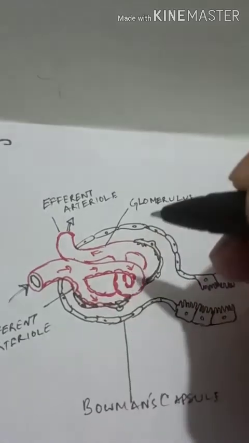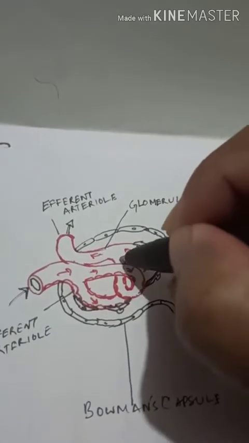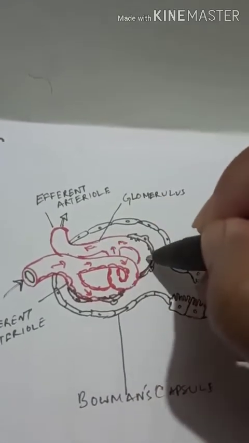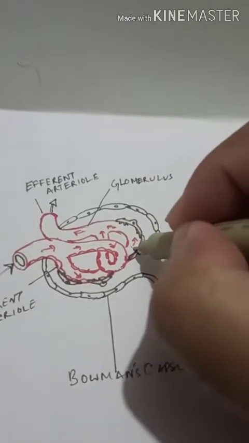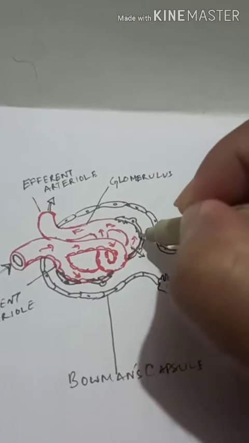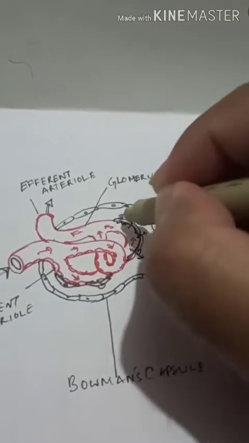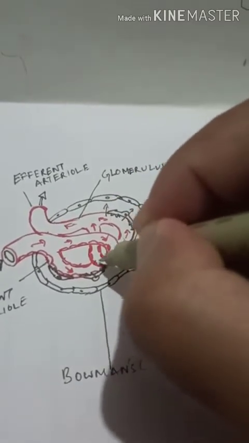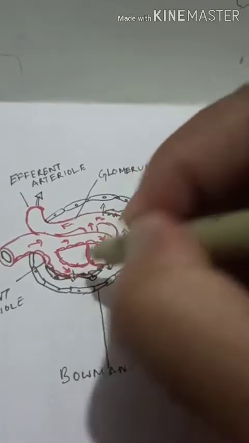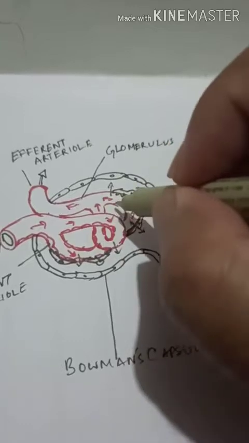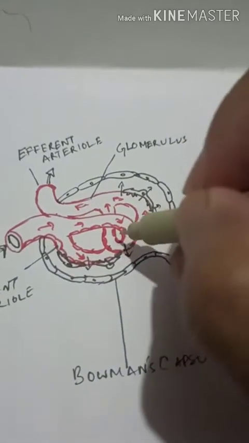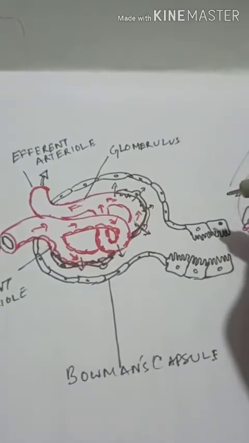Being a fluid, it will have some hydrostatic pressure of its own. This hydrostatic pressure is what leads the solute particles from the blood to get inside the Bowman's capsule. This pressure helps in the diffusion of particles into the Bowman's capsule.